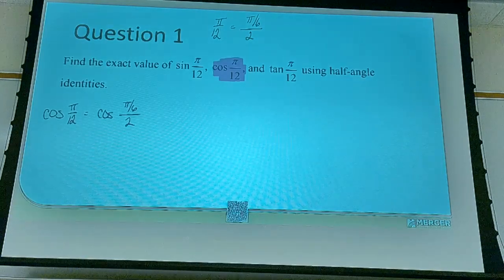Again, pi over 12, quadrant 1. Cosine is positive in quadrant 1, so we take the positive square root.